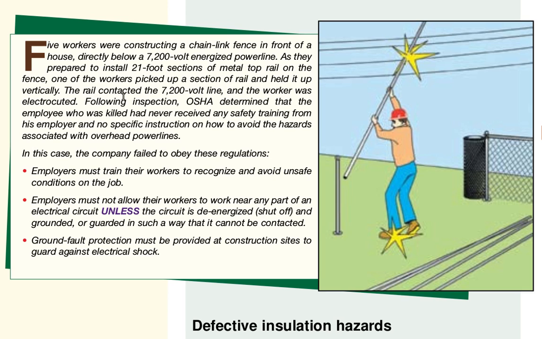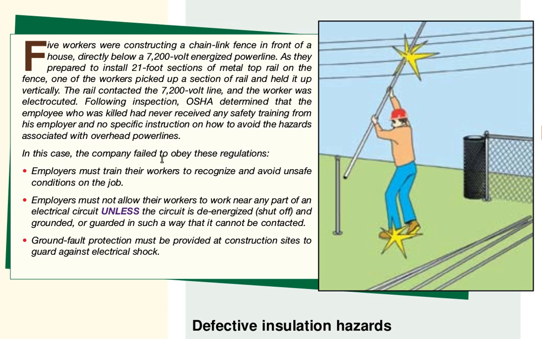The rail contacted the 7,200 volt lines and the worker was electrocuted. Following inspection, OSHA determined that the employee who was killed had never received any safety training from his employer and no specific instruction on how to avoid the hazards associated with overhead power lines.